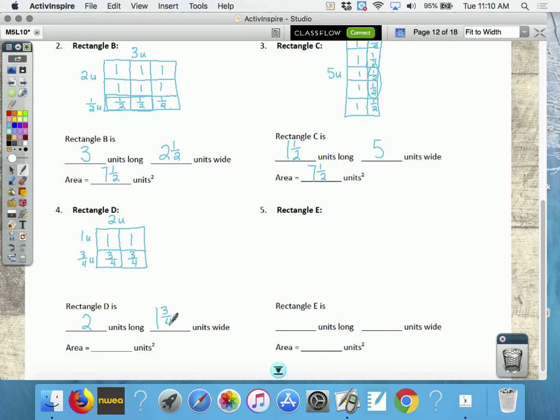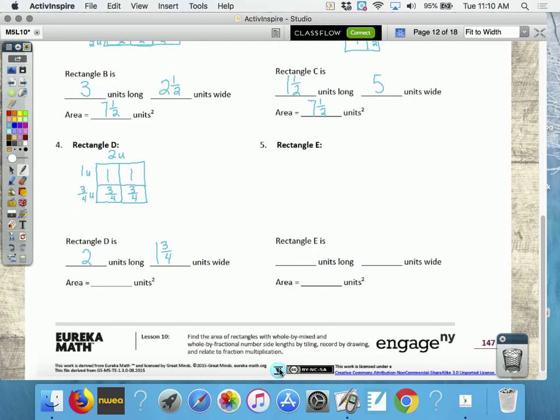1 and 3/4. Now the thing about this one is, if I add 3/4 plus 3/4, I'm not going to get 1 whole. We did it 2 ways. We did 6/4 would be equal to 1 and 2/4, which would be 1 and a half, right? Another way to do it is to memorize.